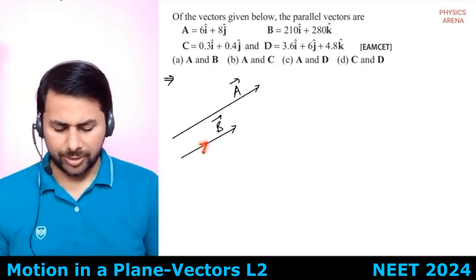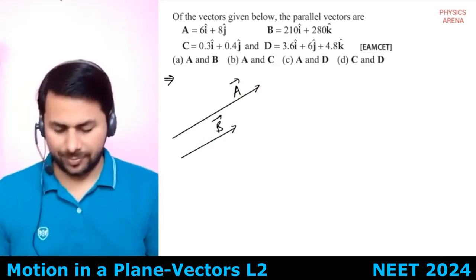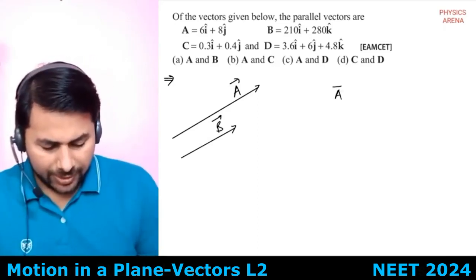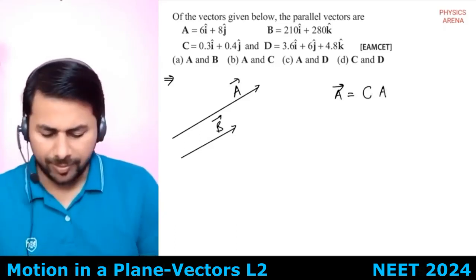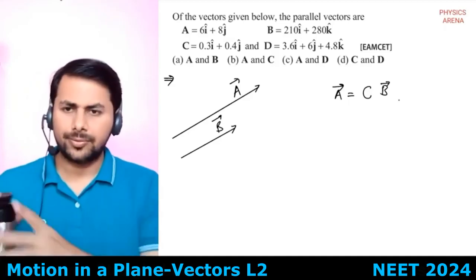If B bar was this much, I could say 1 A bar is equal to 3 times B bar. So A bar is equal to some constant times B bar. I can write this.